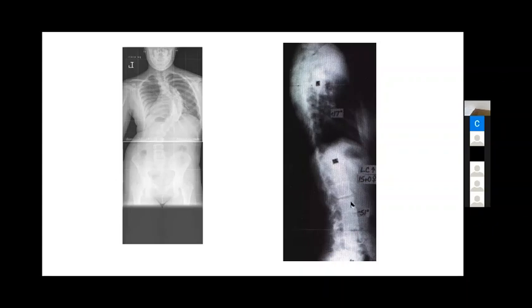And on the lateral view, what do you see here? There is no thoracic kyphosis, so they call it hypokyphosis. Usually in adolescent idiopathic scoliosis, your thoracic kyphosis disappears and you have less kyphosis. What else do you see in these X-rays in adolescent idiopathic scoliosis?